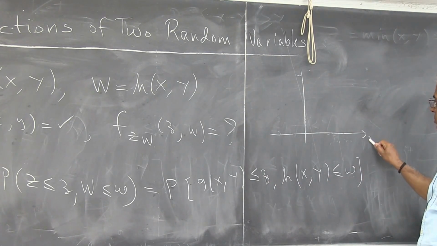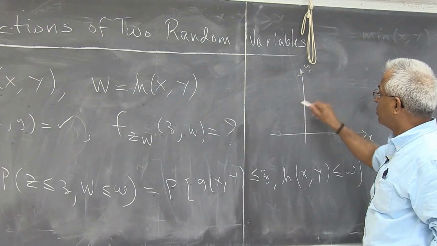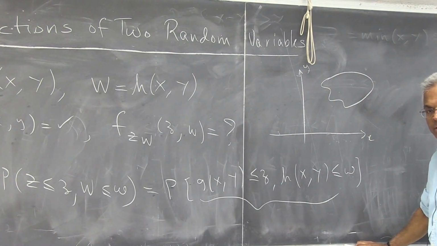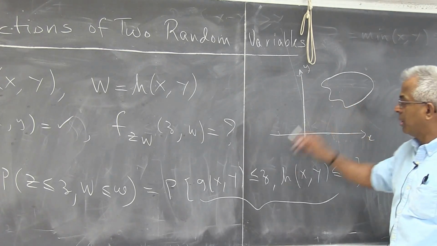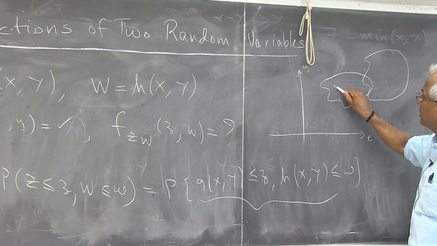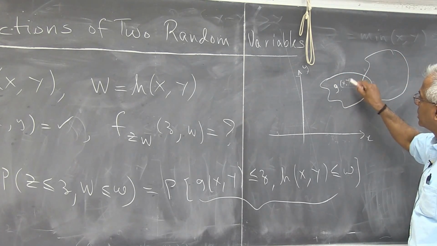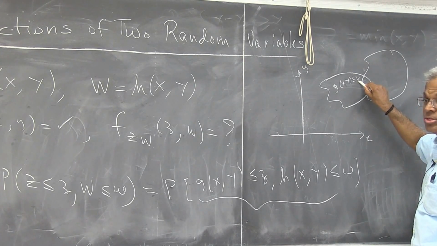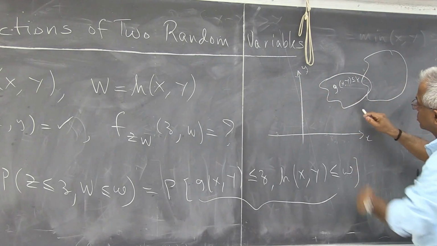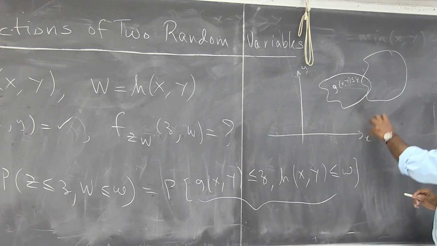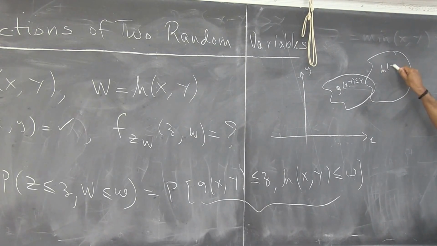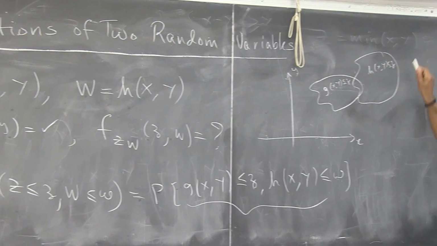these are given specific values, right? So you go to the XY plane and find the region where these inequalities are satisfied at the same time. So this may be the region where g(x, y) is less than or equal to z. You change the z, this region is going to become larger or smaller, or this could be a combination of a few regions, etc. And this is the region h(x, y) is less than or equal to w.